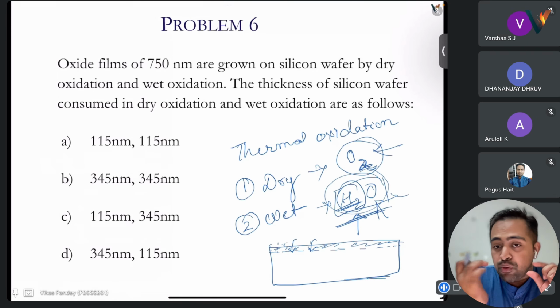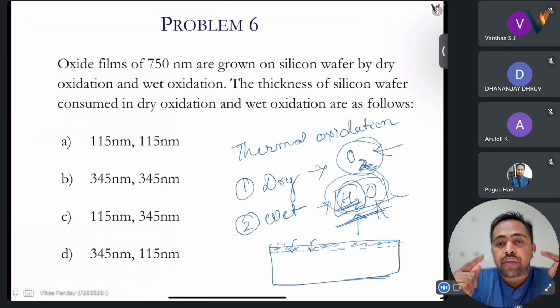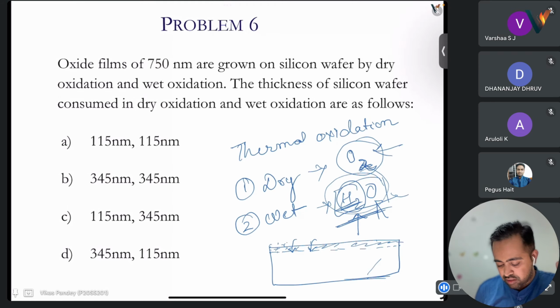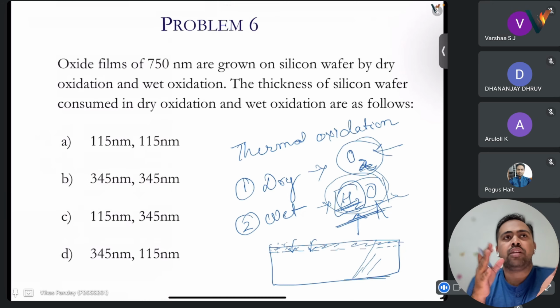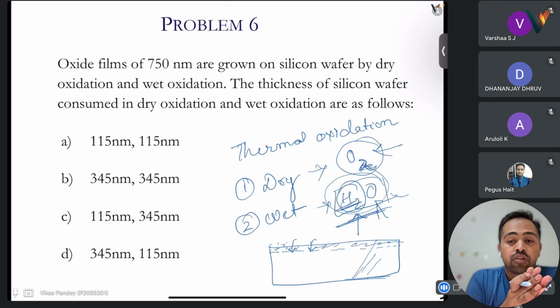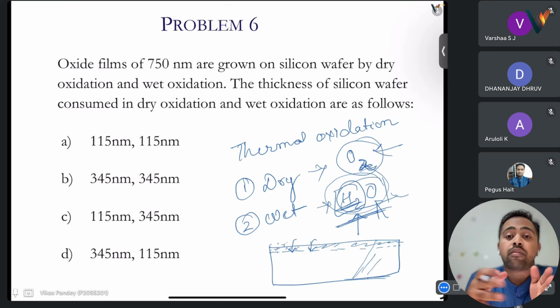In both these processes, some silicon will be consumed and silicon dioxide will be made. If we have this whole silicon and heat it at around 1100 degrees Celsius in presence of oxygen or H2O, then this oxidation occurs.